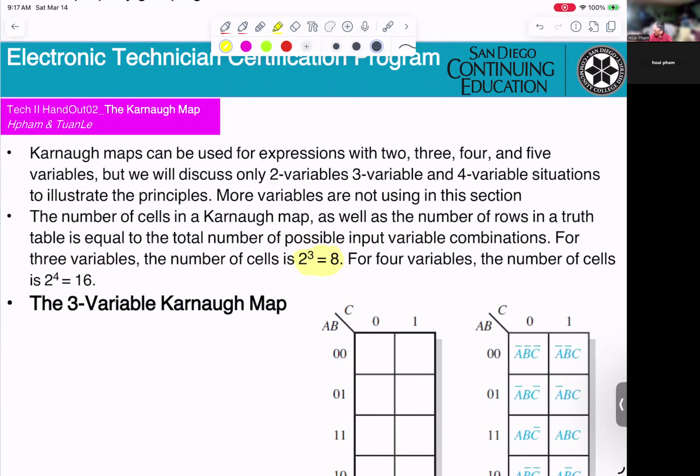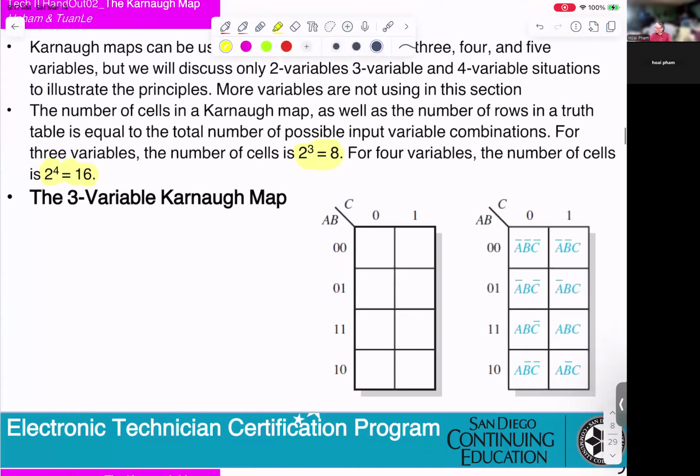For four variables, the number of cells is 2 power 4 equals 16. Okay, now you can see three variables, A, B, C. Then you get 8. Okay, number of cells will be 8.